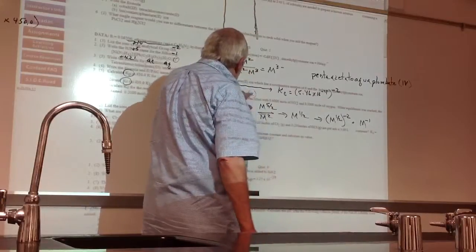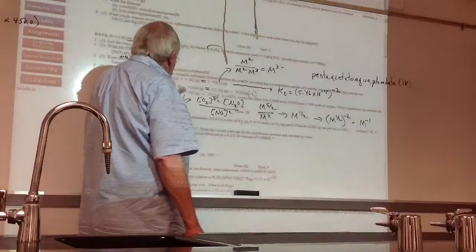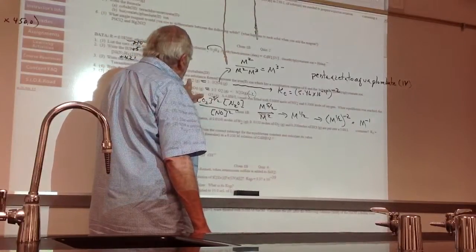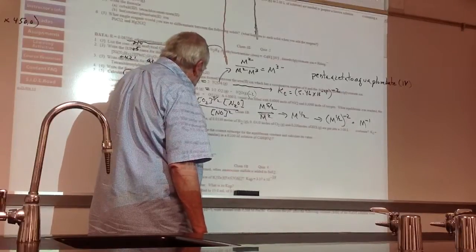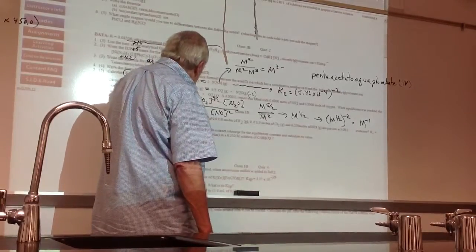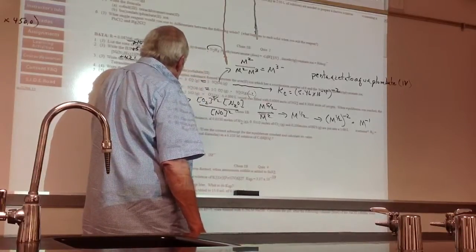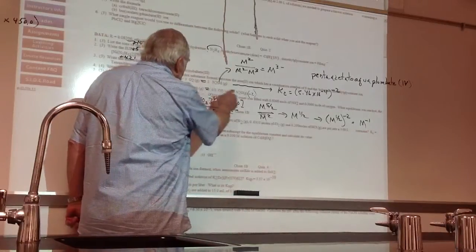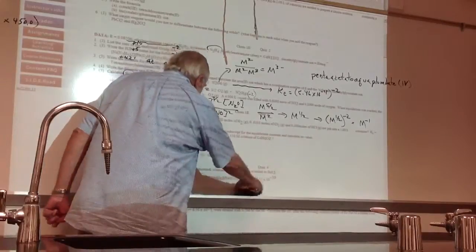I multiplied this by -2 to get up here. Somewhere I think I messed up my subtraction. Oh, I'm working with this equation. Yeah. Oh, this isn't squared here.